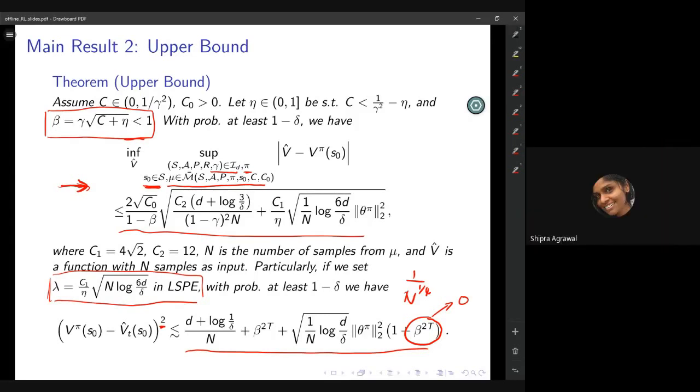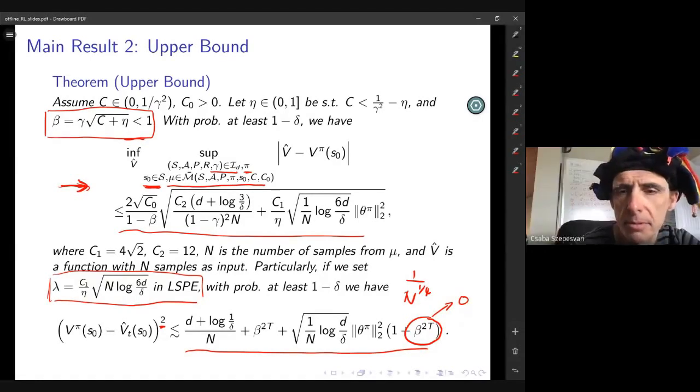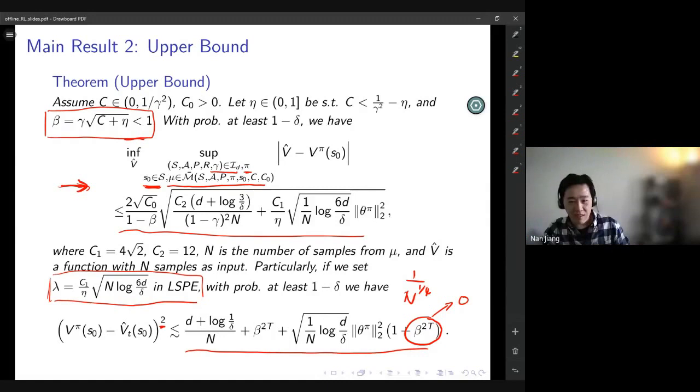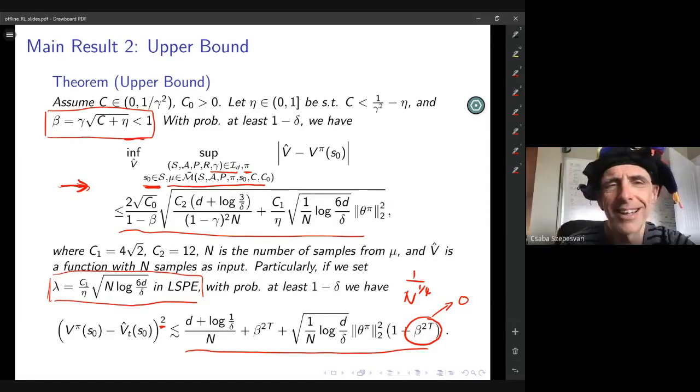I think the first result is that there exists some V hat such that all MDPs satisfy the bound. The second result is that for any given MDP with these conditions, you can set V hat this way, and then you will get the bound. I have doubts about the first result. I think it's just the usual minimax way of writing things.